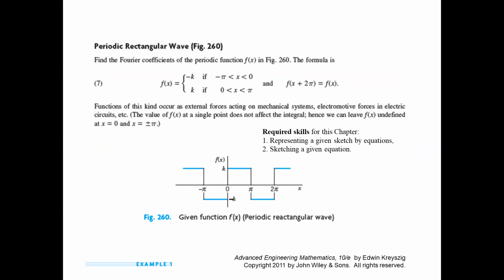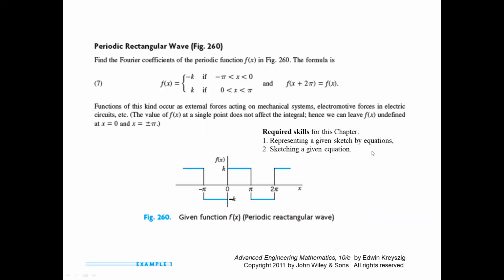If we are given a function like this, either negative k or positive k, and it repeats itself with period 2 pi, then we can sketch it very easily.